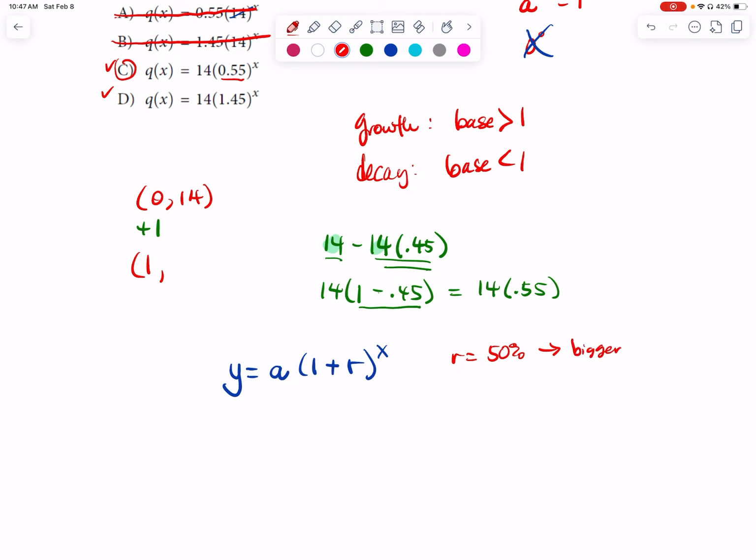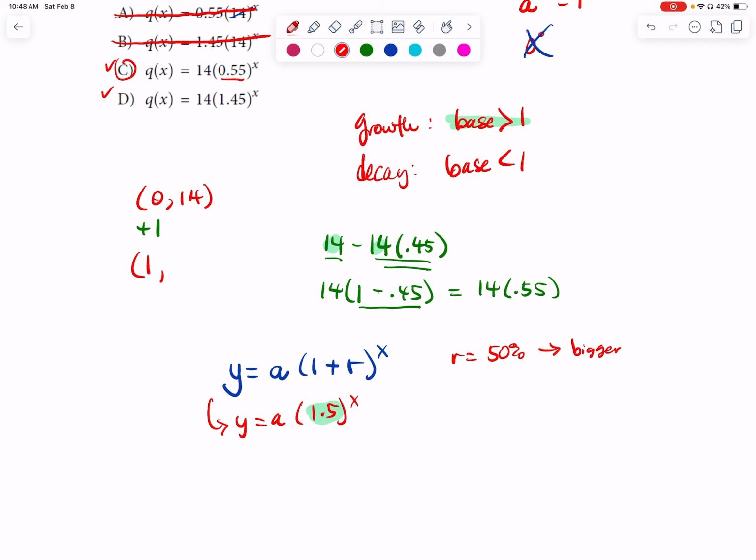That means I'm going to be adding that 50% to whatever my starting value is. And so my equation would become y is equal to some starting value times 1 plus 0.5, which of course is 1.5, and then raised to the x value.